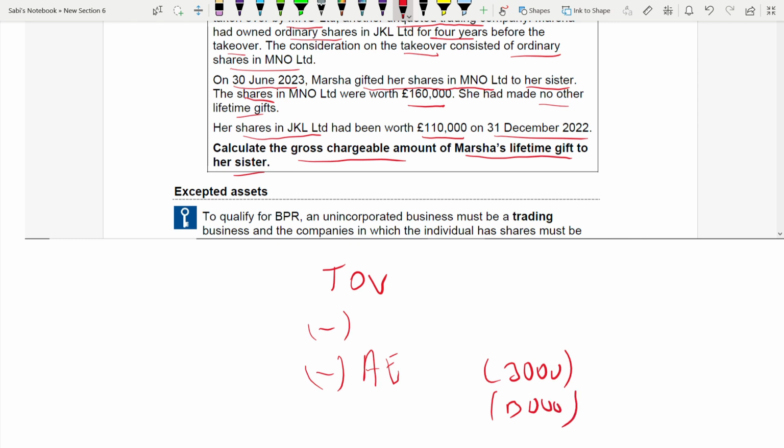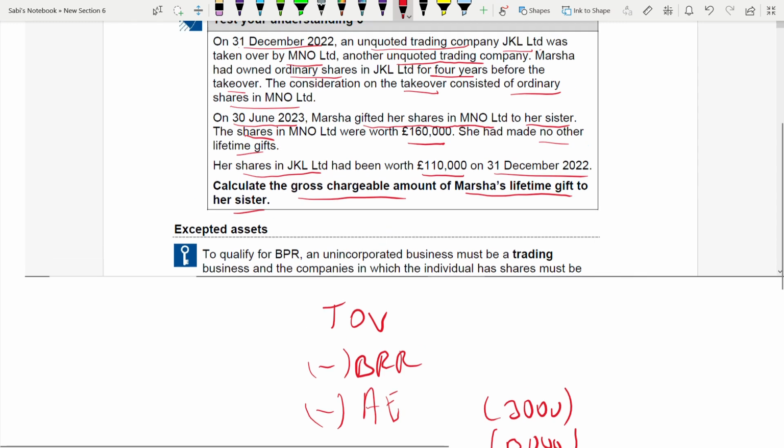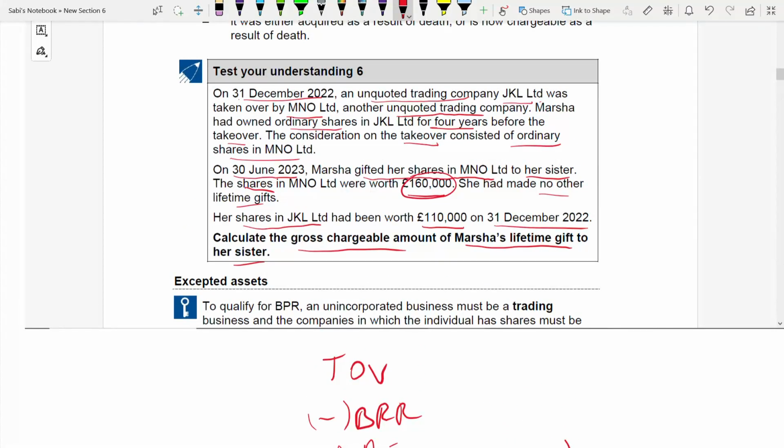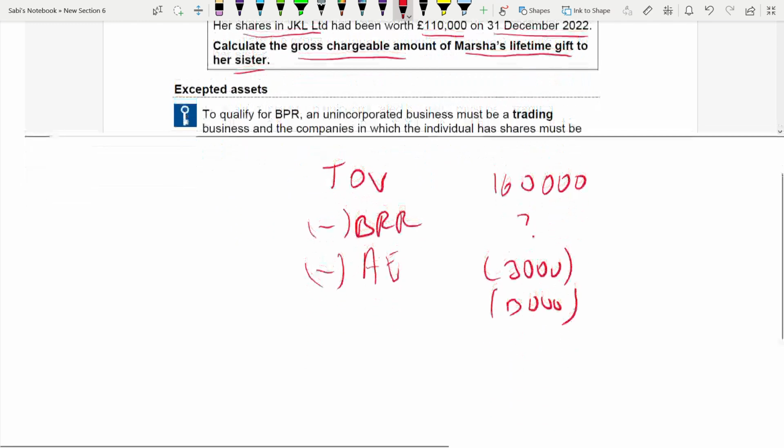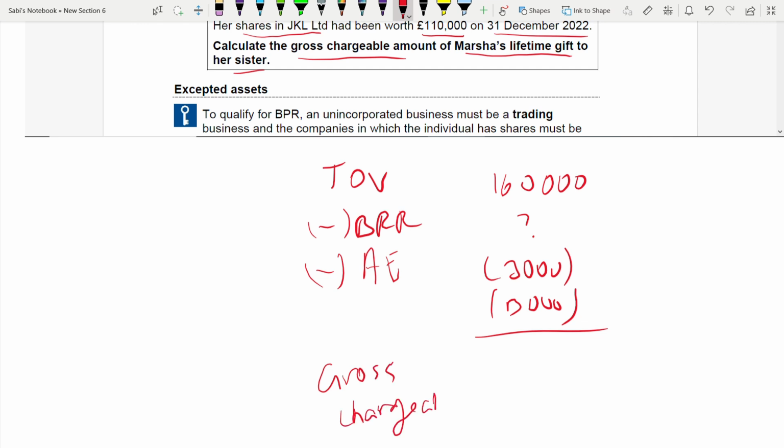If an exemption is there, then it could be BPR. This relief could be there or could not be there. We'll see the conditions. Transfer of value is simply 160,000. So we'll see whether this is available or not. If this is available, the answer is known as the gross chargeable amount. That means that will be taxed to what? IHT.